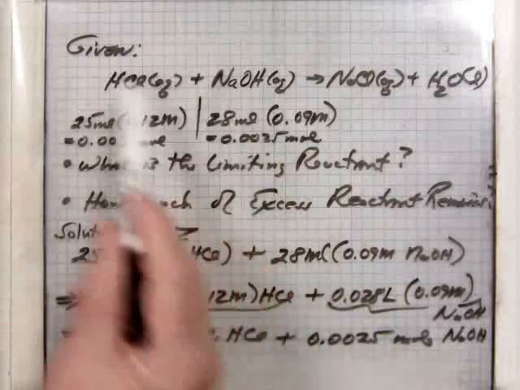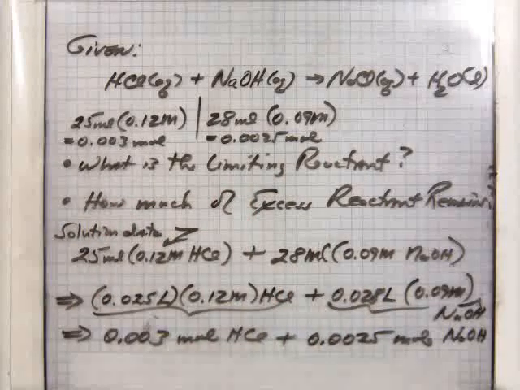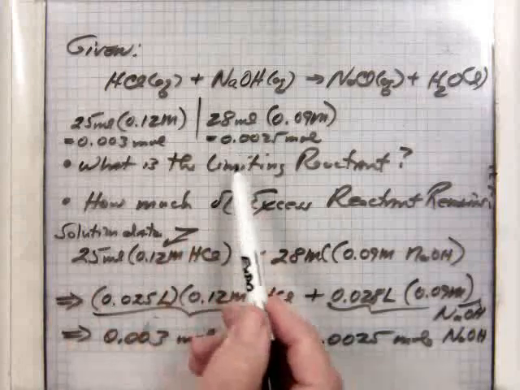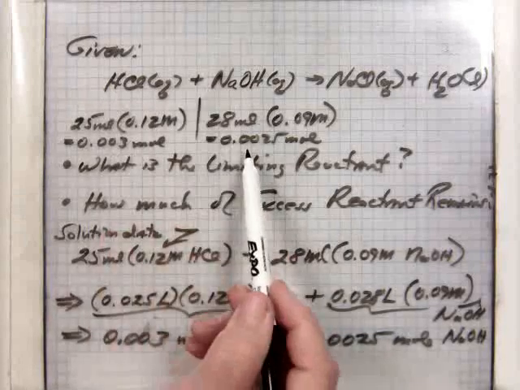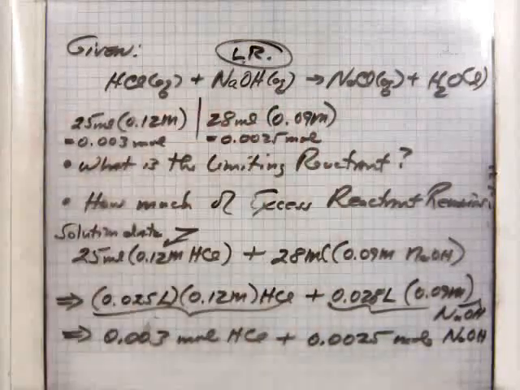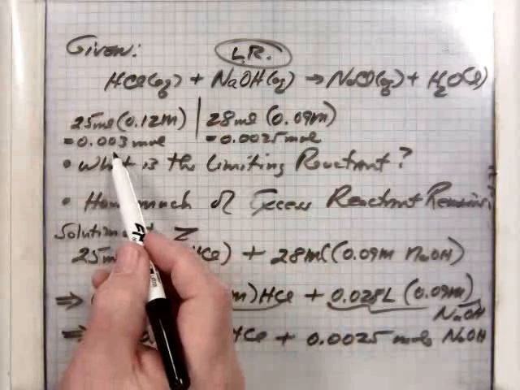Now, if you compare moles to moles and look at the reaction ratio, it's a 1-to-1 reaction ratio. You divide by the respective coefficients, and the sodium hydroxide is your limiting reagent here. As you look at this, how much of the HCl will react?